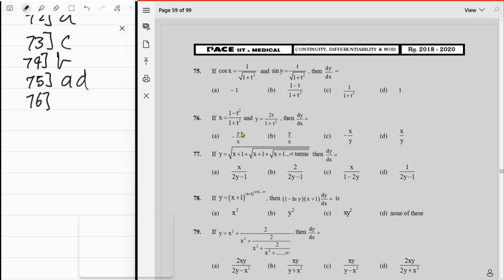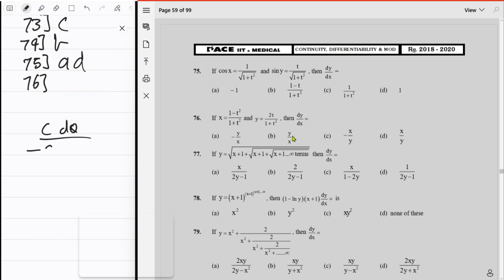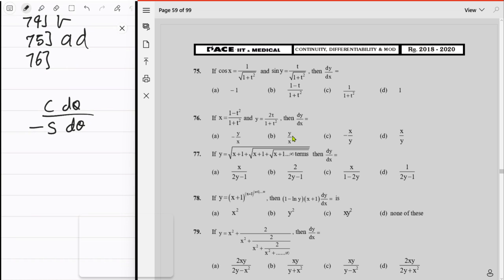76th. X is equal to cosine of tan inverse of t or whatever, y equal to sine of the same thing. Then dy upon dx, right? So y is sine theta, x is cosine theta. That's all you need to do. Then dy is cosine theta d theta, and dx will just be negative sine theta d theta. So just negative cot theta.